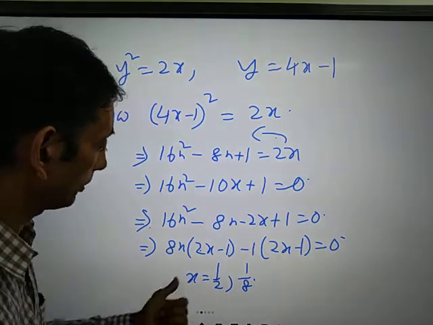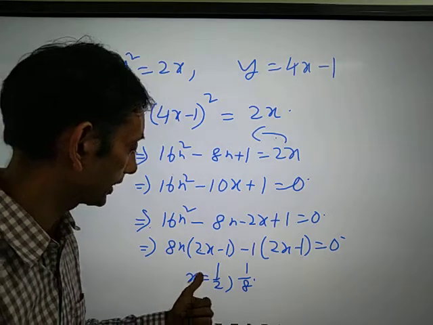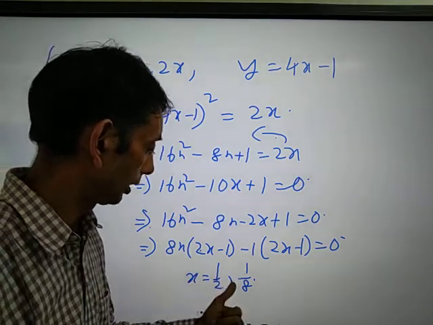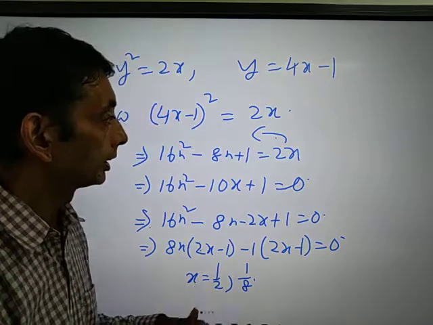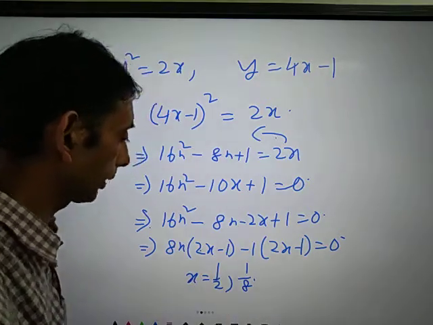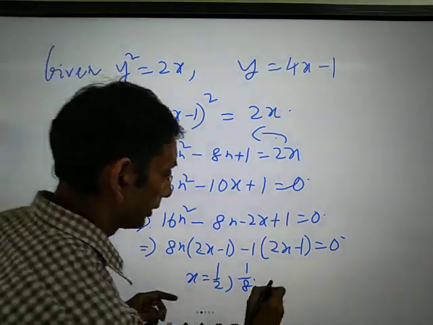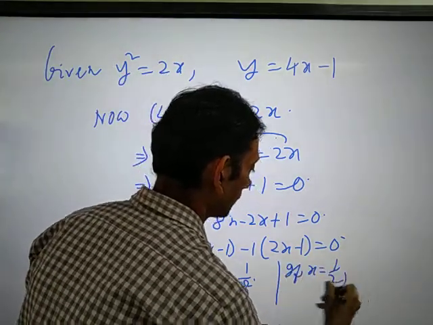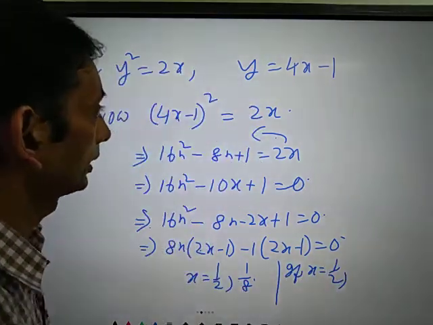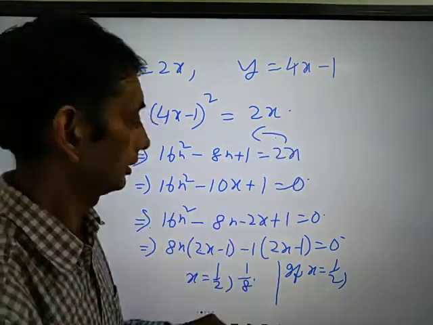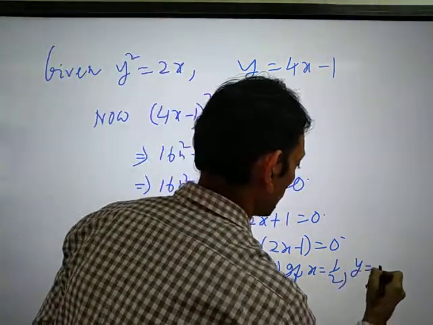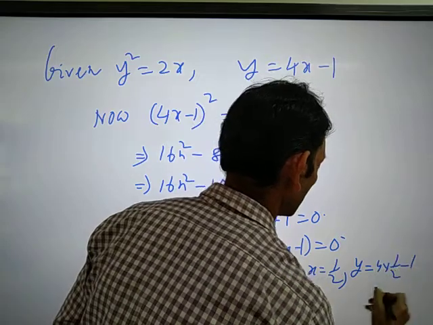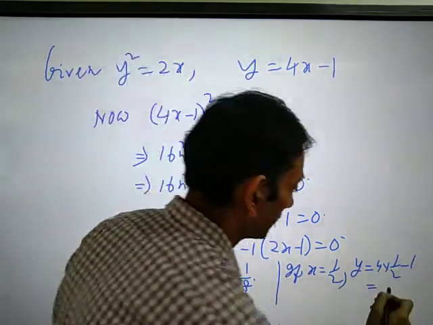This is very important. Based on these points, x is equal to half and x is equal to 1 by 8, you can find the y coordinate. If x is equal to half, what is the value of y? Substituting, y is equal to 4 into half minus 1, which gives 2 minus 1, that is 1.